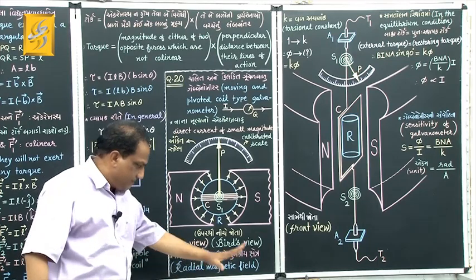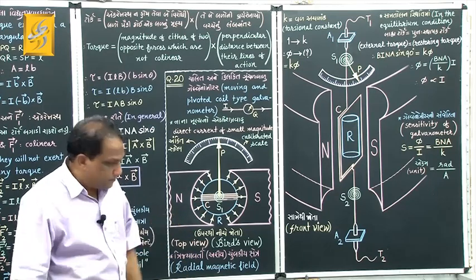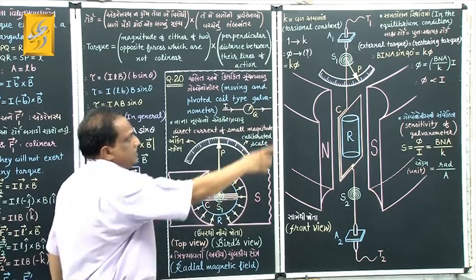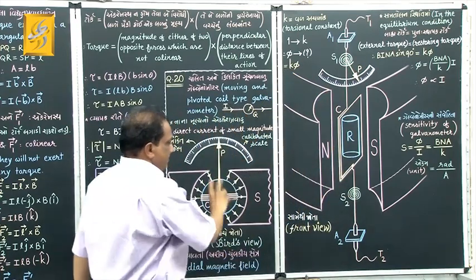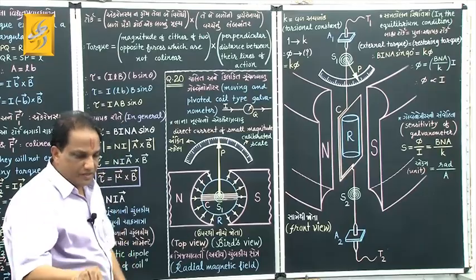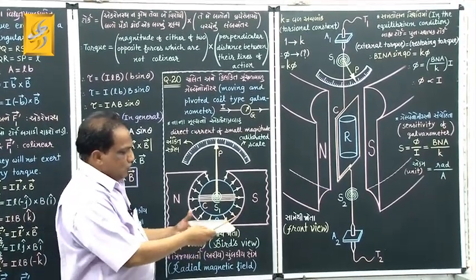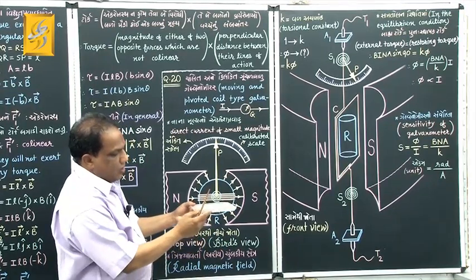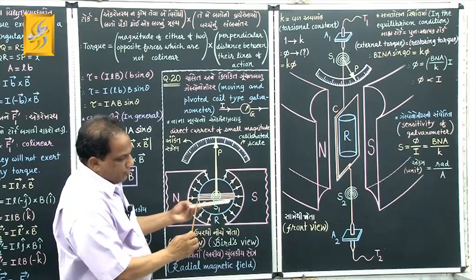Radial magnetic field. Now what is the benefit achieved by radial magnetic field? I am showing you. See, when you pass current through the galvanometer, that current will pass through the coil and will produce some deflection of the coil. So now, before passing current, you may find the coil in this situation, correct? And this side is shown here.